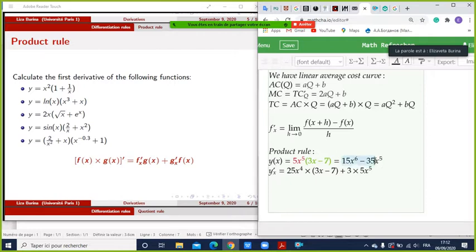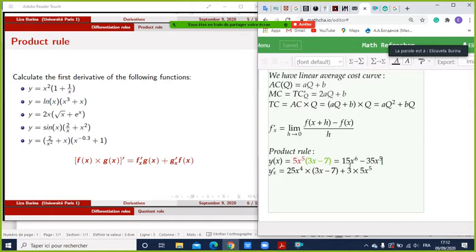Just simply take the derivative of this part and this part. So you see that that will be 15 times 6x to the power of 5 minus 35 times 5x to the power of 4. Yes, that will be right.